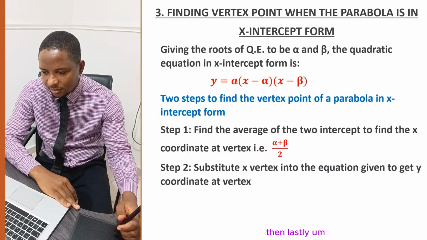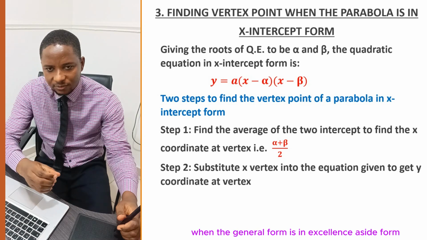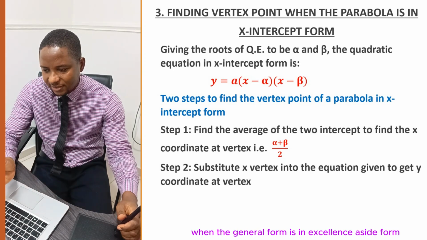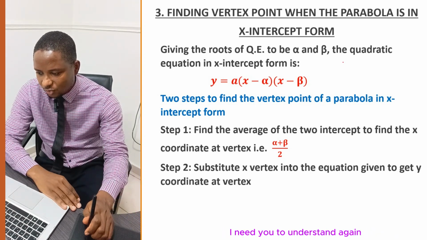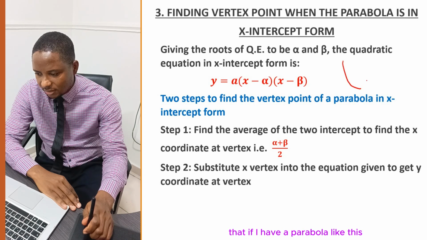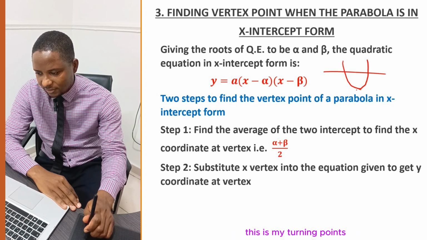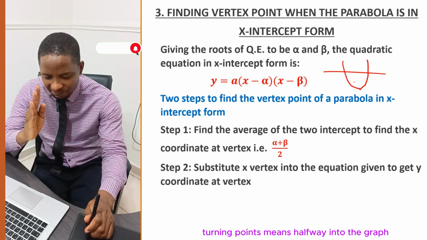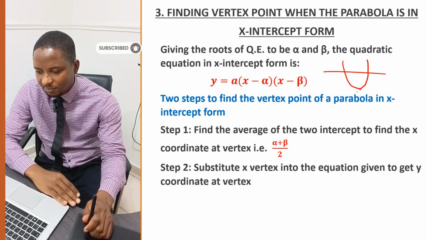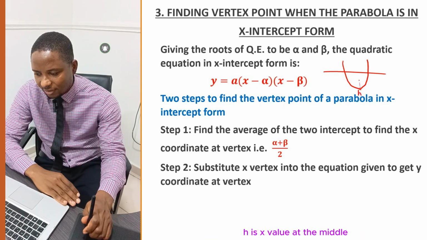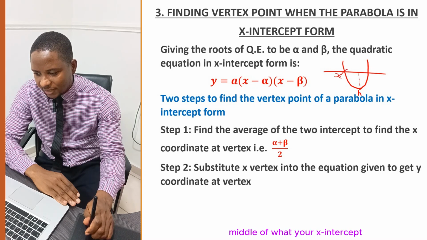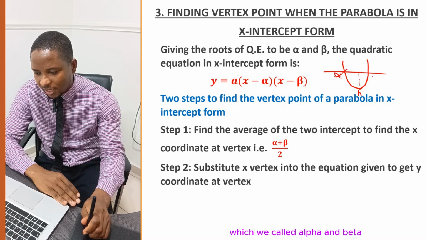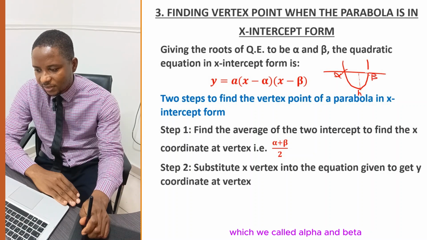Then lastly, when the equation is in x-intercept form, I need you to understand that if I have a parabola like this, this is my turning point. Turning point means halfway into the graph. If I want to get this h, it is the x value at the middle of your x-intercepts, which here we call alpha and beta.